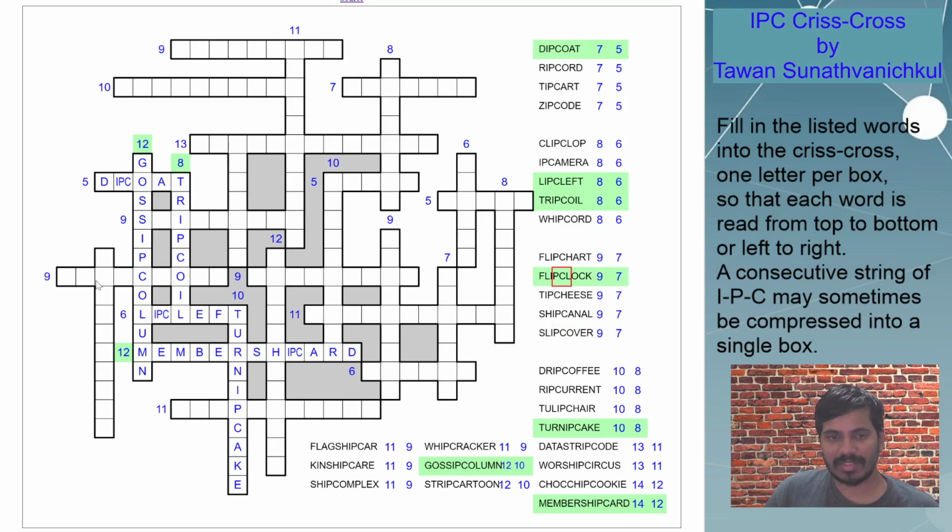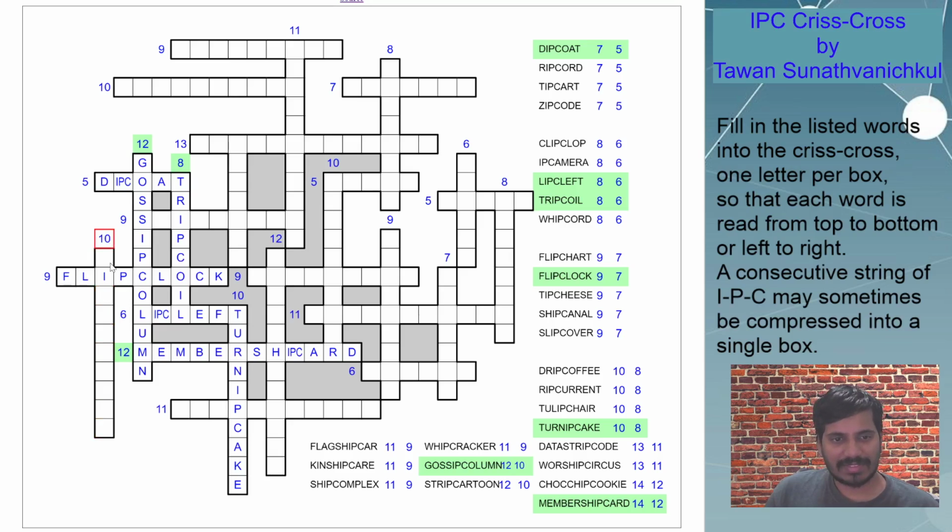So I can mark this and I can put that here, flip clock. Then this, okay, I forgot to put a size here, so let's quickly put that. So 3, 6, 9, 1, 10. So this is of size 10.